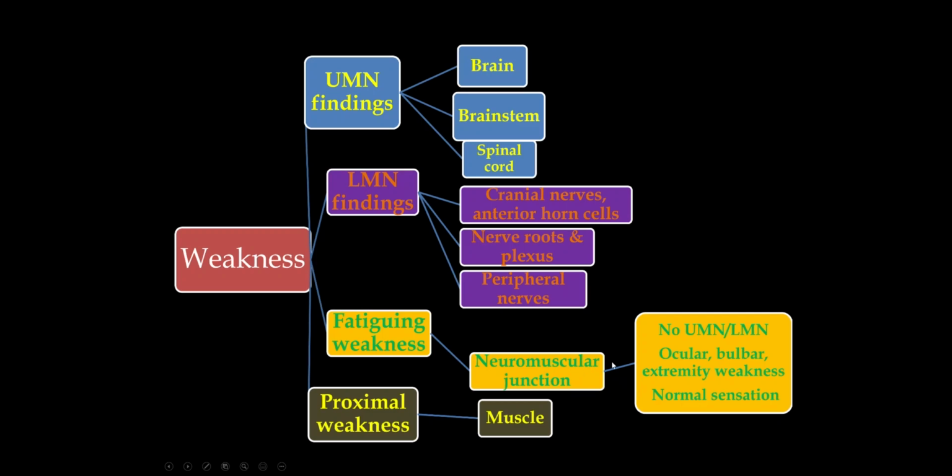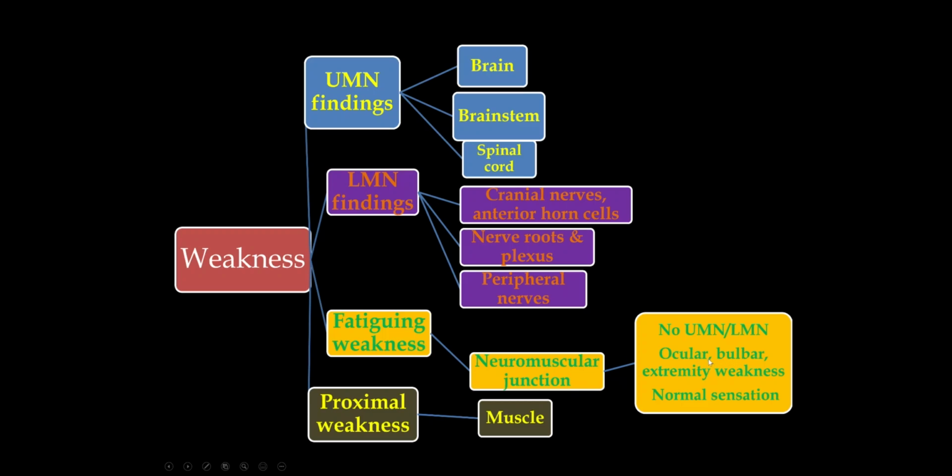But neuromuscular junction lesions are characterized usually by quite profound ocular and bulbar weakness. So ocular involves the eyes: droopy eyelids, double vision, difficulty moving the eyes, and bulbar refers to dysarthria and dysphagia. So those are generally quite prominent in neuromuscular junction conditions.